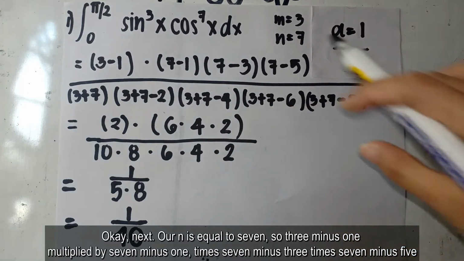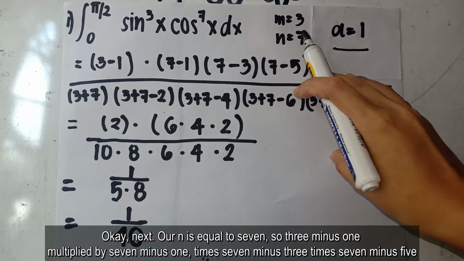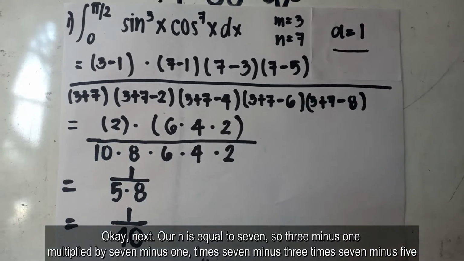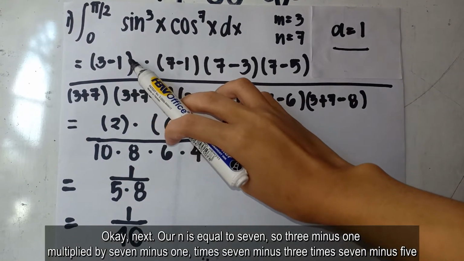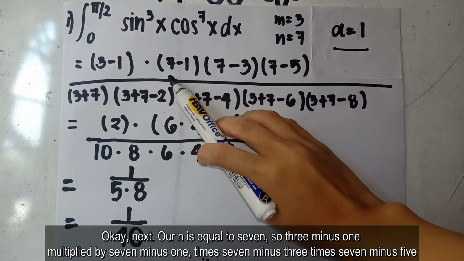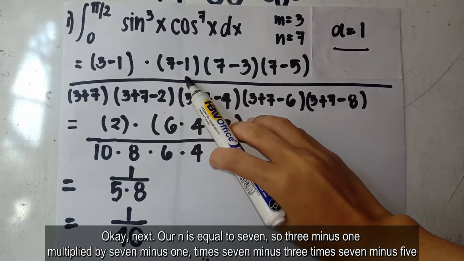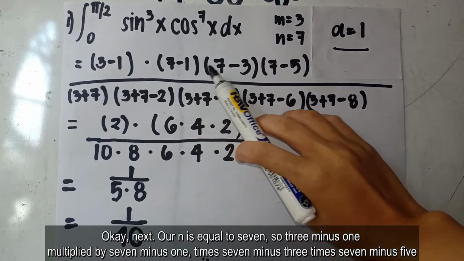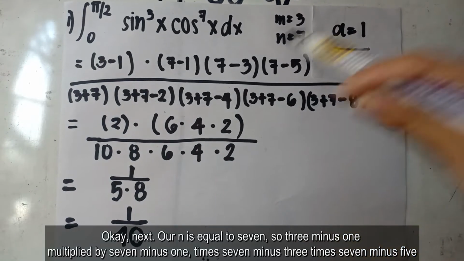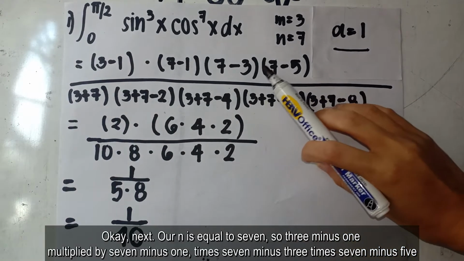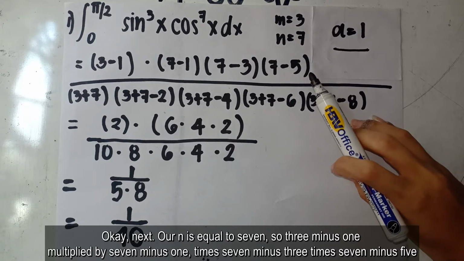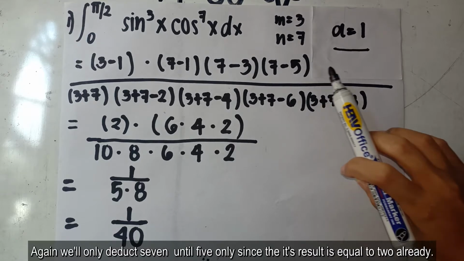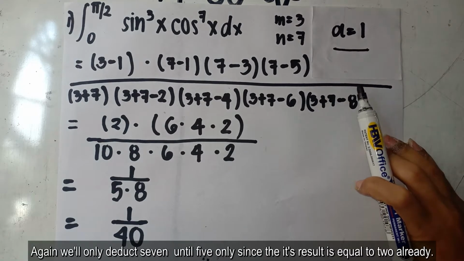Next, our n is equal to 7. So 3 minus 1 multiplied by 7 minus 1 times 7 minus 3 times 7 minus 5. Again, we only deduct from 7 until 5, since its result is equal to 2 already.